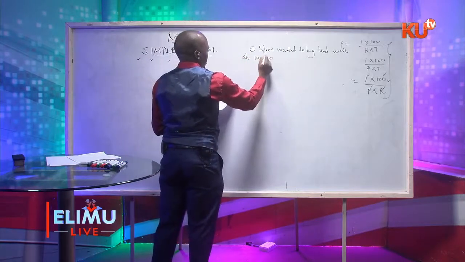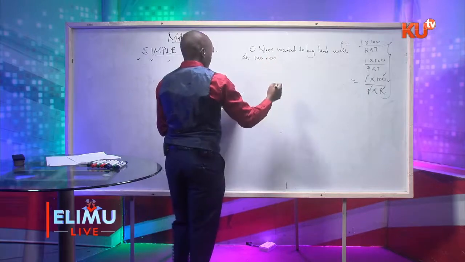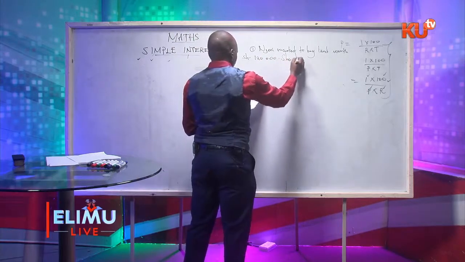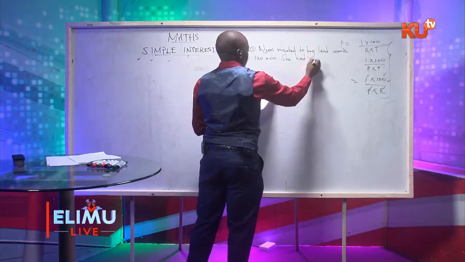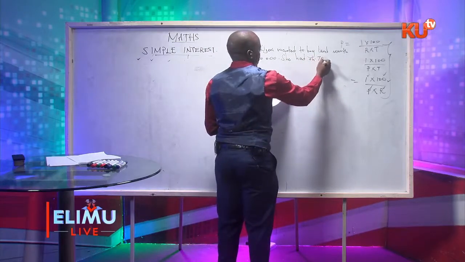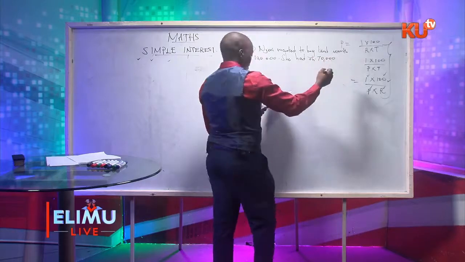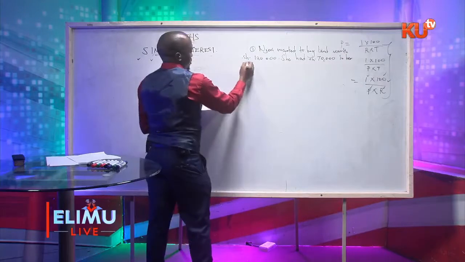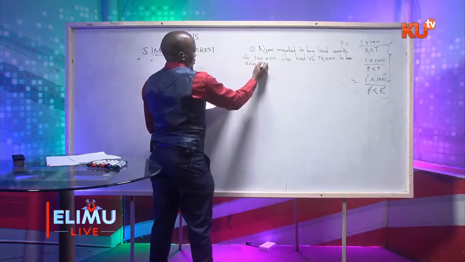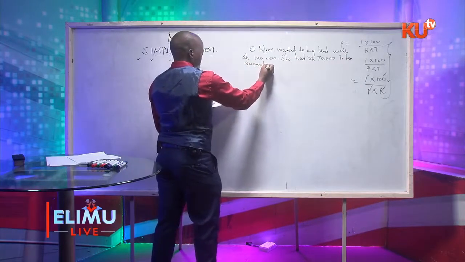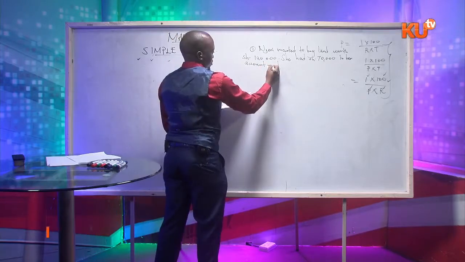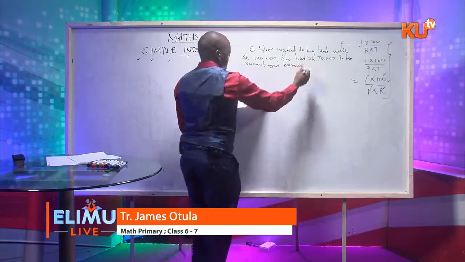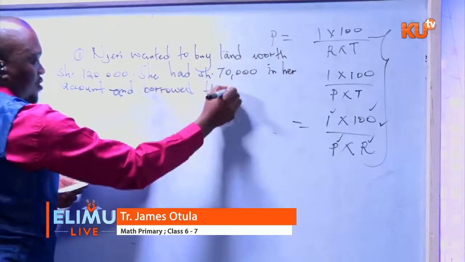120,000 shillings. She had 70,000 shillings in her account and borrowed the rest.